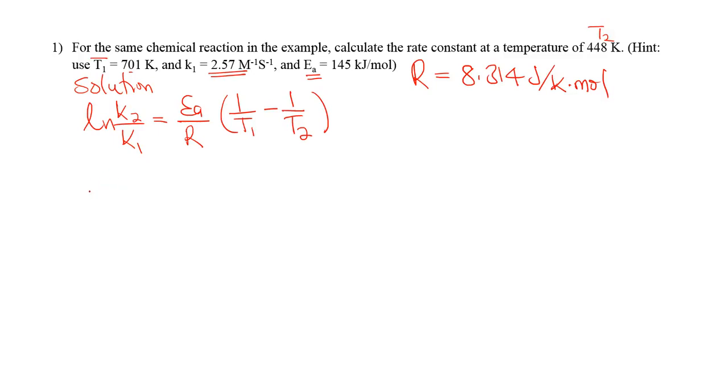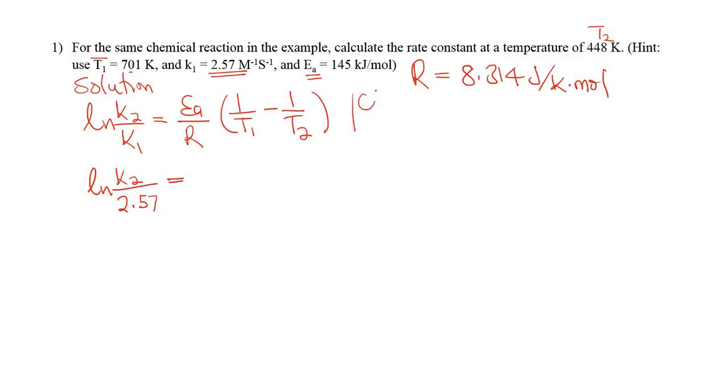So here I'll say natural log K2 divided by K1. I'm already given 2.57. I don't need to put units. Is equal to EA. Here you need to change this one.